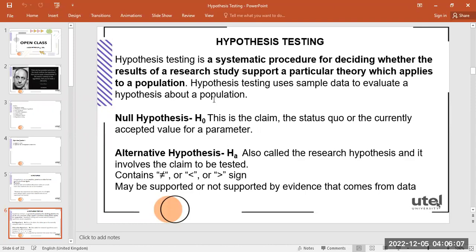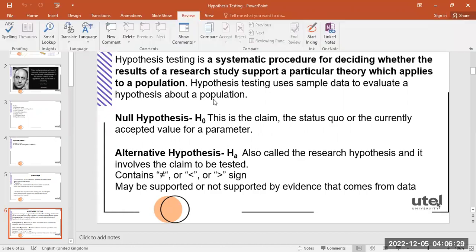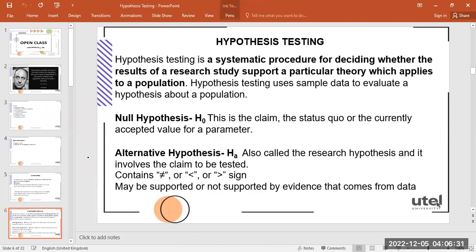Just like I've written here, it is very pertinent to note that the main purpose of performing hypothesis testing is to either accept or reject an initial conjecture that may predict some population parameters based on information from a sample. Basically, in doing hypothesis testing, there are two important premises or hypotheses that actually need to be stated.